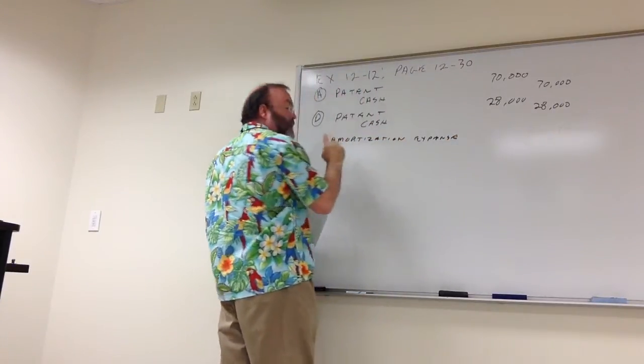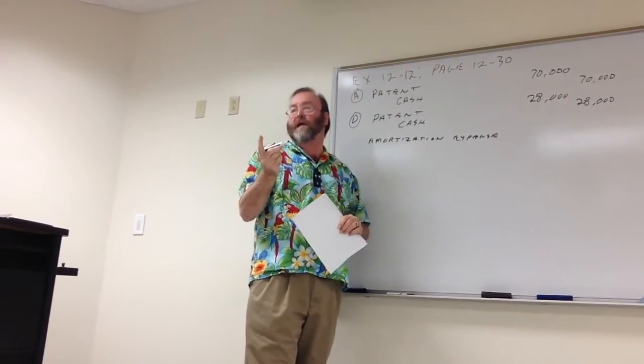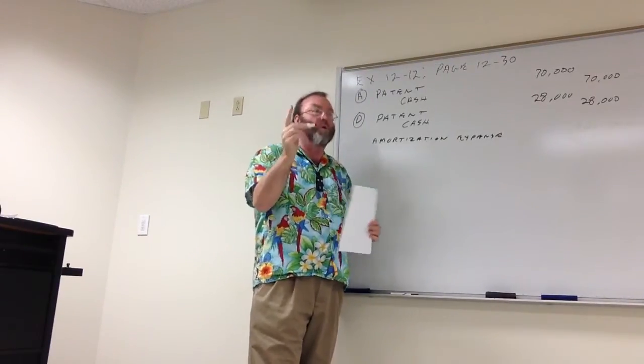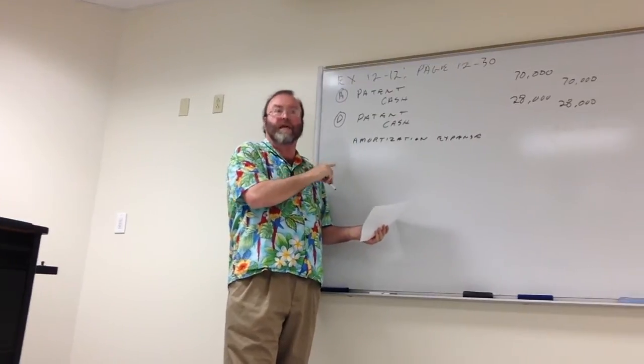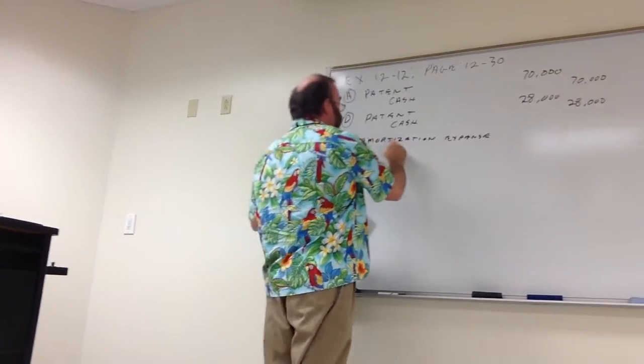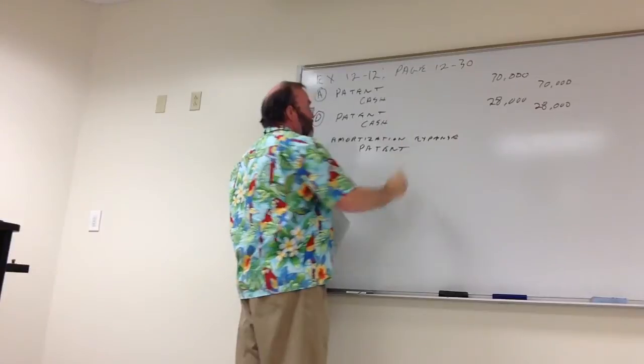And your credit can be either one. US GAAP allows you to either use a contra asset account, accumulated amortization on patent, or in the case of intangible assets, you can just write down the asset account itself. So for simplicity, we'll just credit patent.